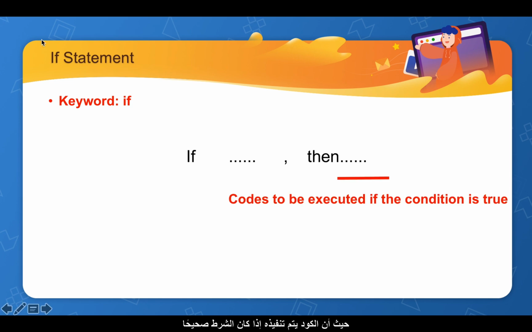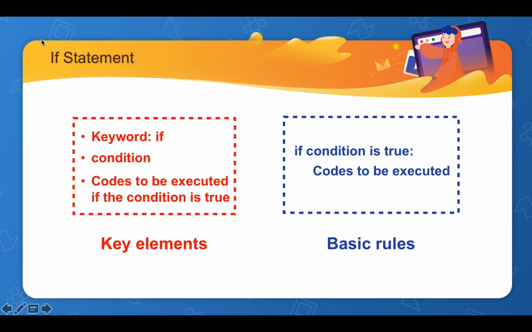Then come the codes to be executed if the condition is true. So the basic rule is shown like this: the if plus condition, followed by the symbol colon. Press enter to start a new line. On the next line, we follow closely with the codes to be executed.